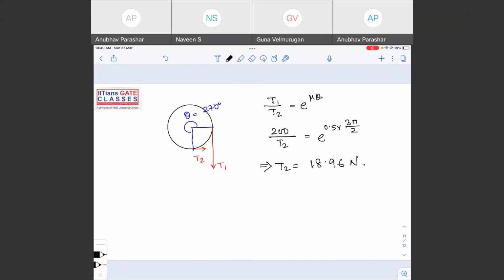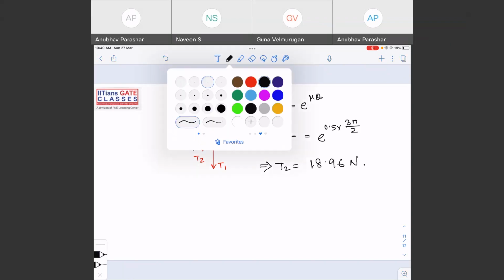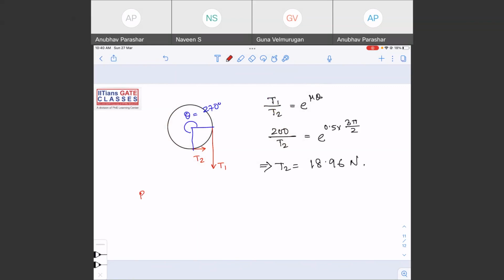Okay. So what is the braking torque on the wheel now? Braking torque on the wheel is equal to T1 minus T2, you can see the two forces, one is clockwise, the other is anti-clockwise.